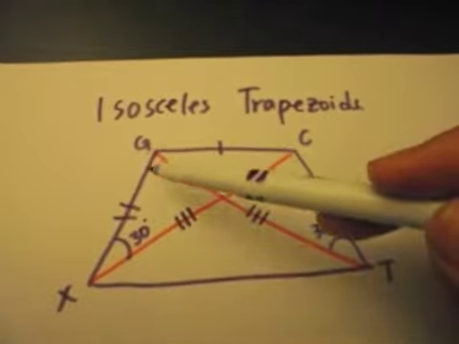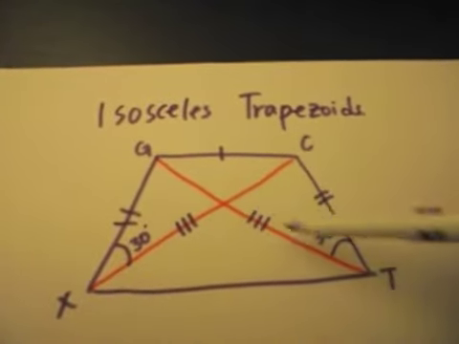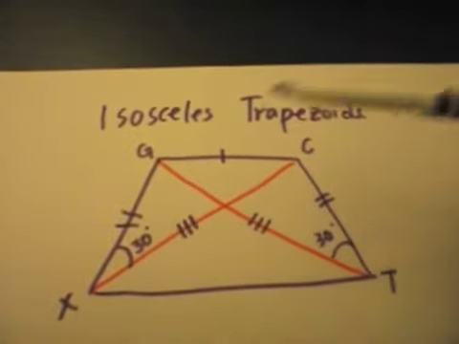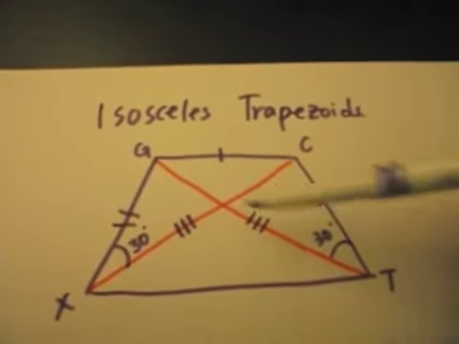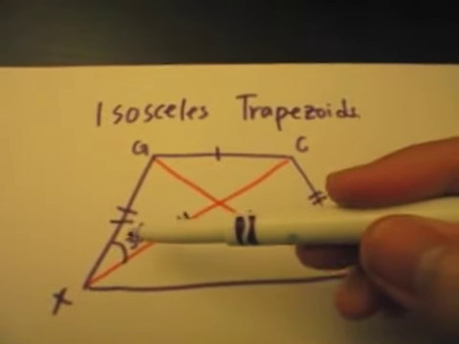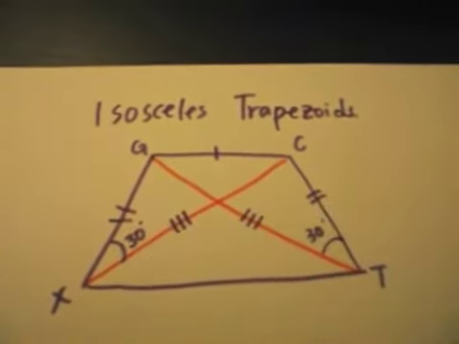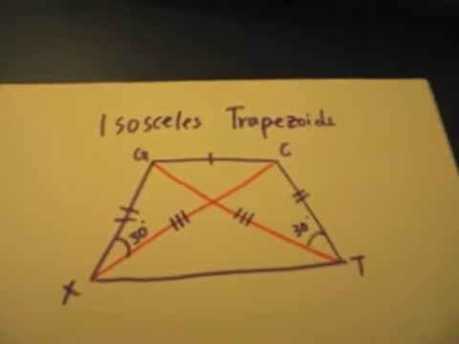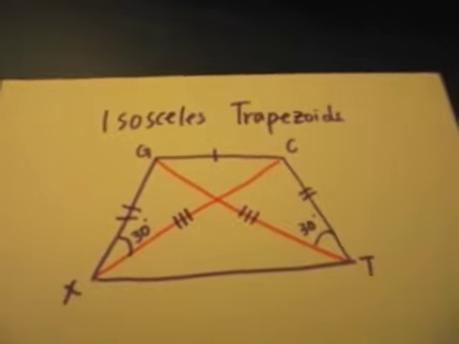We got SSS with these two triangles here, triangle GCX and triangle CGT. So we used SSS, and then we knew that these angles would be congruent because of CPCTC. So that's just a quick reminder of what happened in class.